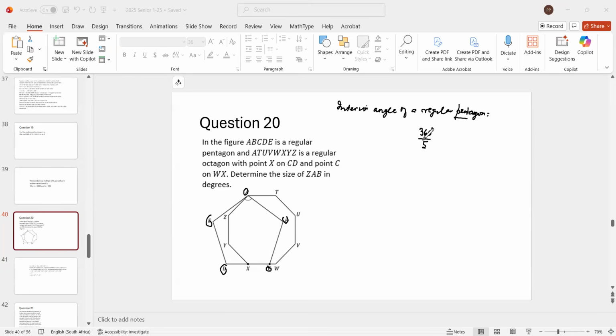So the interior angles will be 180 minus 72, which is 108 degrees.